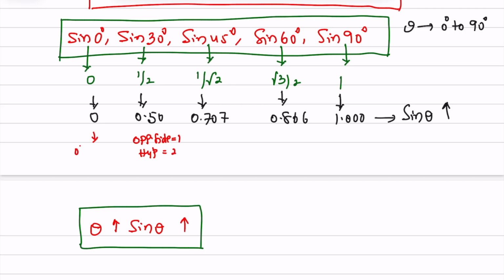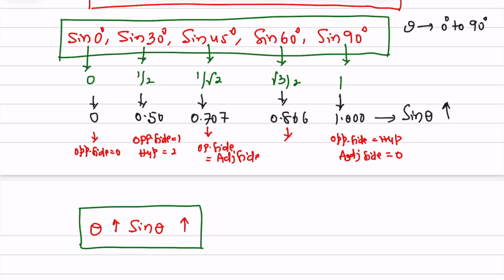Here, opposite side is equal to 0. Here, opposite side is equal to hypotenuse, adjacent side is equal to 0. Here, opposite side is equal to adjacent side. Here, the opposite side is the opposite of this. Opposite of 30 is 60.